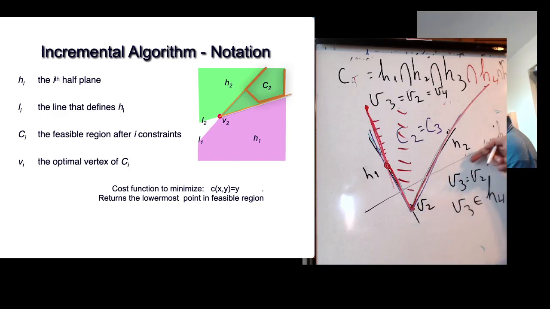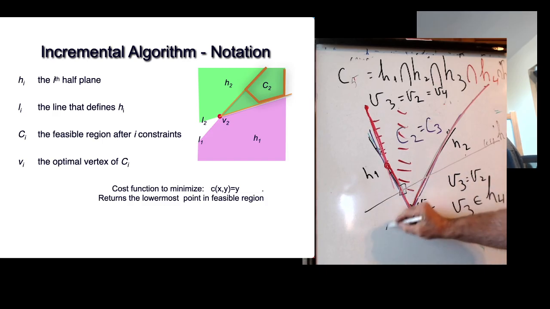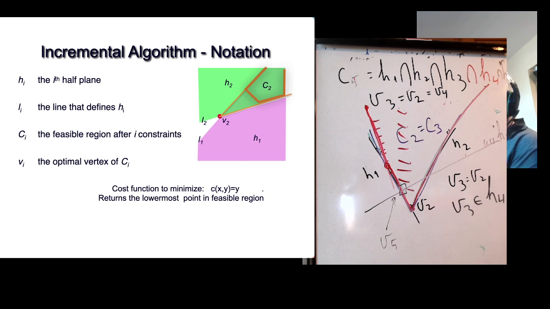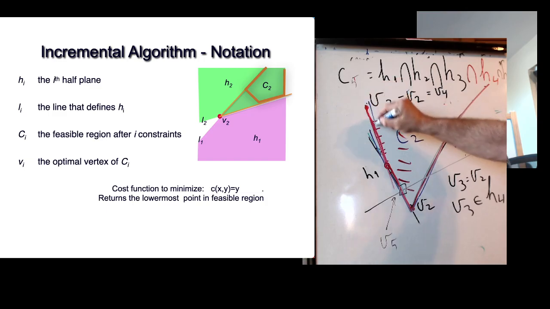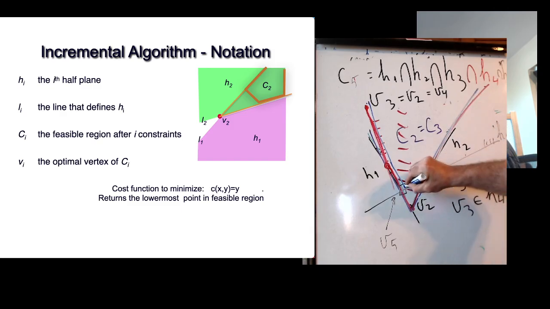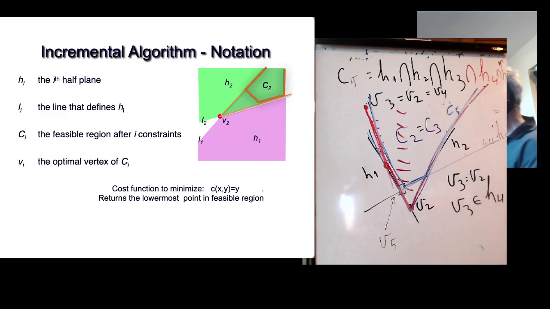V5 is the lowest point on edge 5, which is inside C5, which is this point. So this is V5. And edge 5, by the way, even though the algorithm, as I said, does not compute the whole intersection, just so we all know, C5 is this part. So in blue, this is C5. Make sense to everybody?